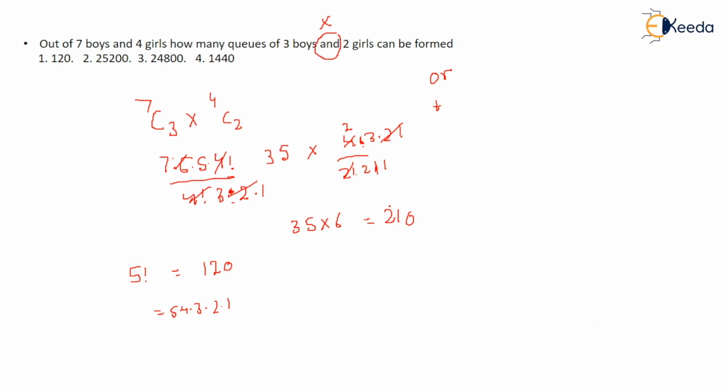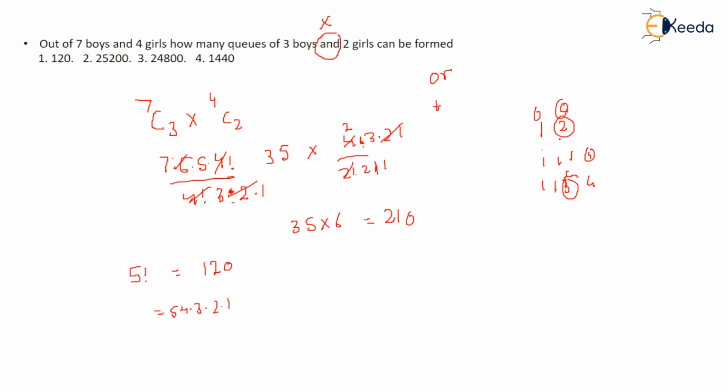So 210 is the number of ways I can select 3 boys and 2 girls, and I can arrange those 5 people in 5 factorial, or 120, ways. I can keep one boy at the start, in the second position a girl, or else 1, 2, 3 all boys, fourth position a girl, or else 1, 2 boys, third a girl, fourth a boy, and fifth a girl.